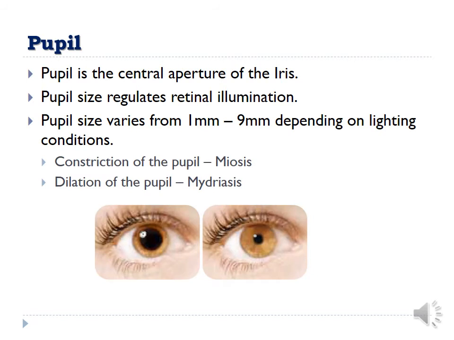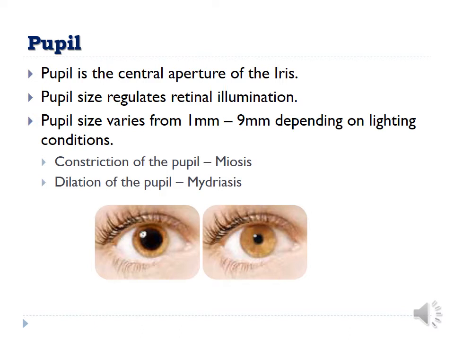So in this slide we'll discuss about pupil. Okay, so pupil, as we already know, it is the central opening of the iris. We can have different size of the pupils. So generally the size of the pupil is 3 to 4 millimeter.